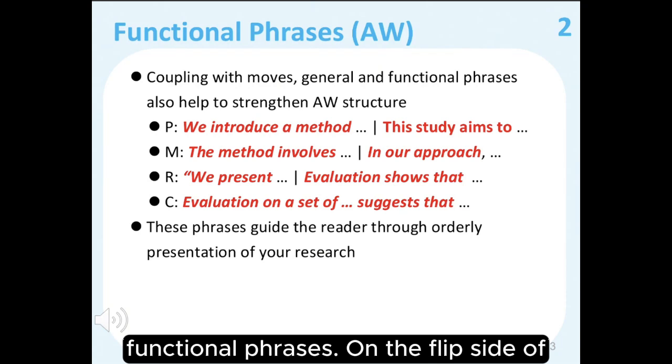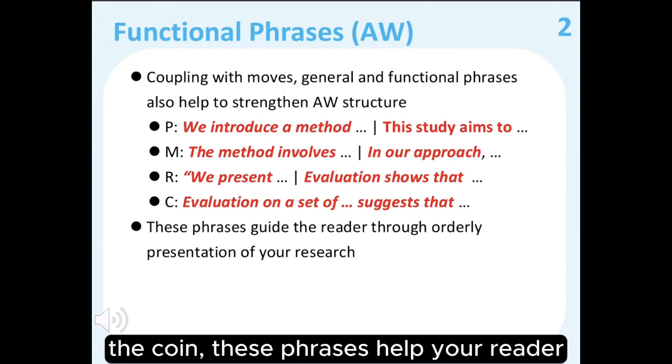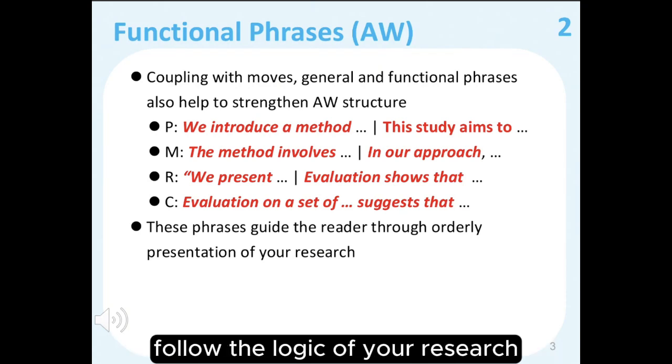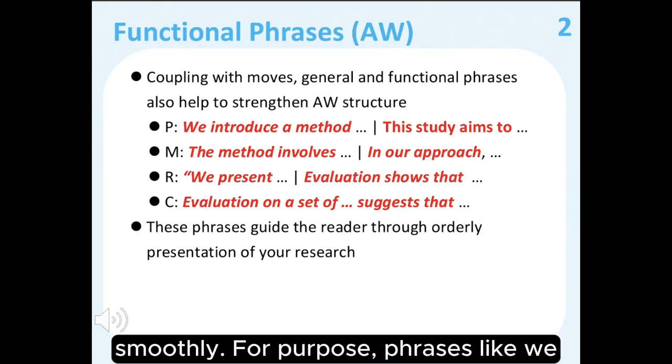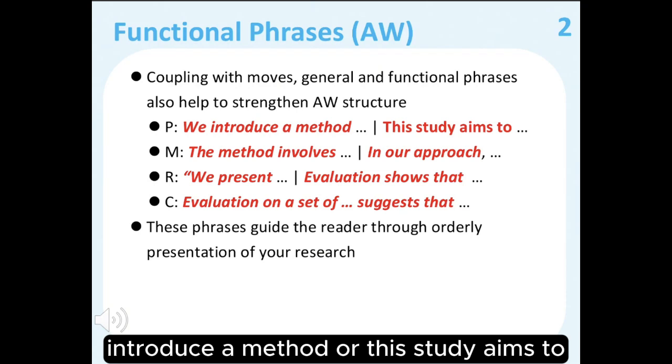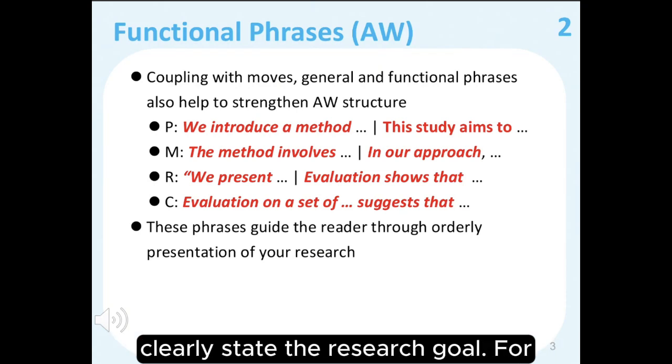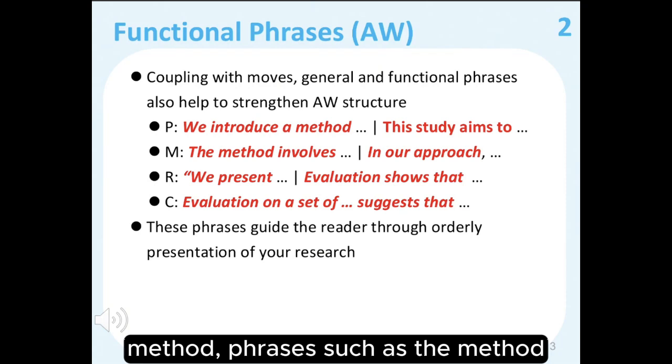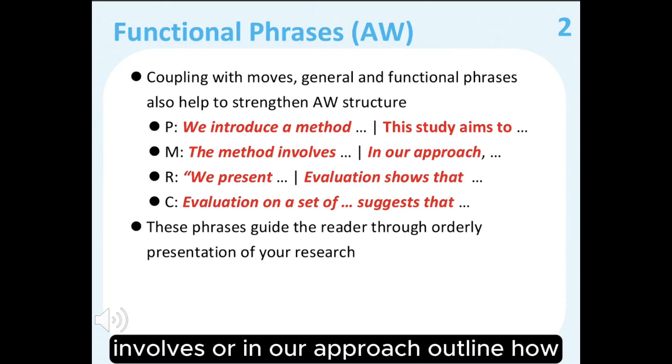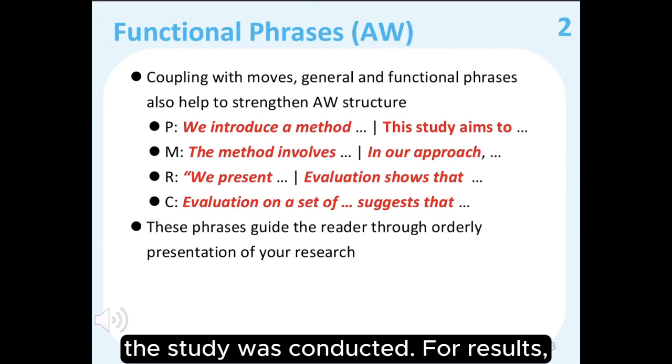On the flip side of the coin, these phrases help your reader follow the logic of your research smoothly. For purpose, phrases like, "we introduce a method," or "this study aims to," clearly state the research goal. For method, phrases such as "the method involves," or "in our approach," outline how the study was conducted.